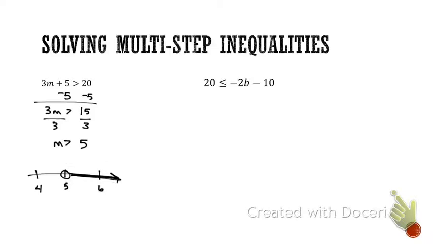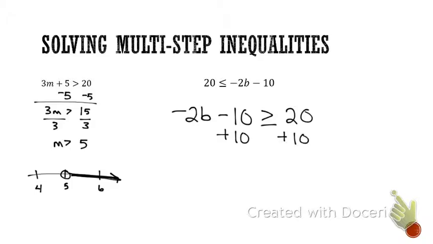Okay, so the next equation is written backwards. Did you rewrite it? Negative 2b minus 10 is greater than or equal to 20, because you see how it's open towards that side. So now I add 10 to both sides.